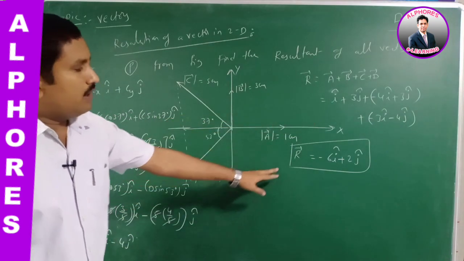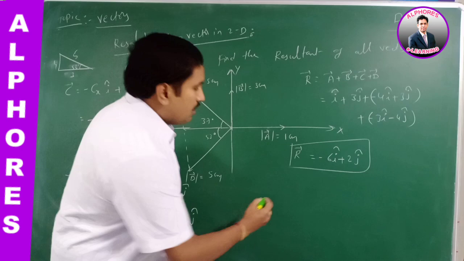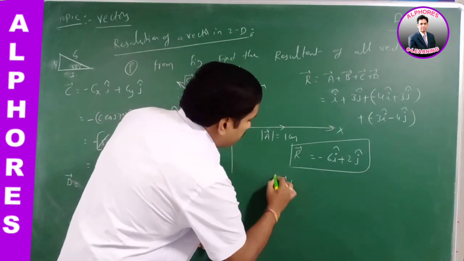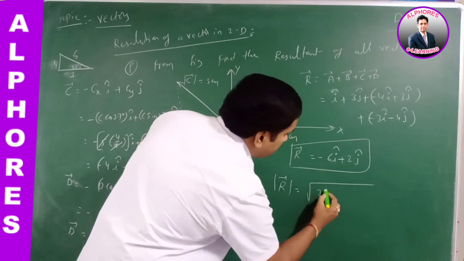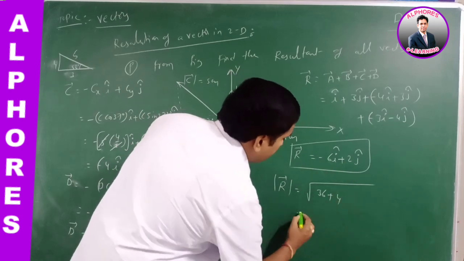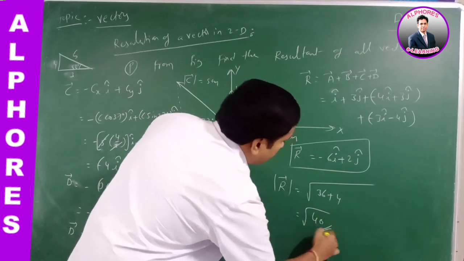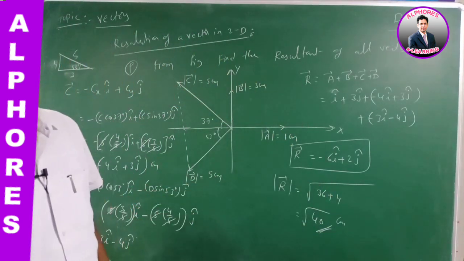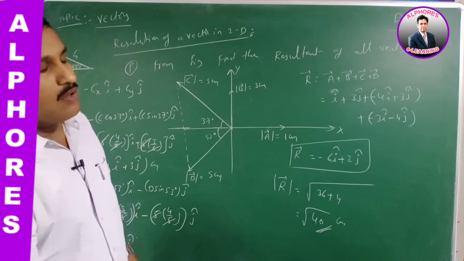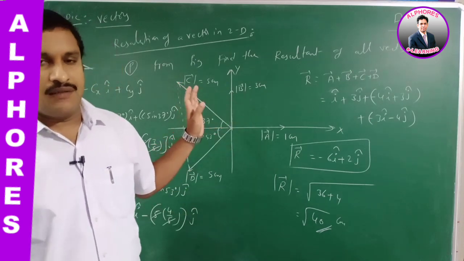By manipulating, what is the resultant? The magnitude of these vectors is the root of the i coefficient squared, 36, plus 4, which is equal to root of 40 centimeter. This is the method. So this is about the resolution of vectors in 2 dimensions.